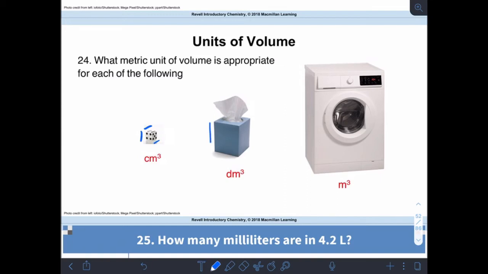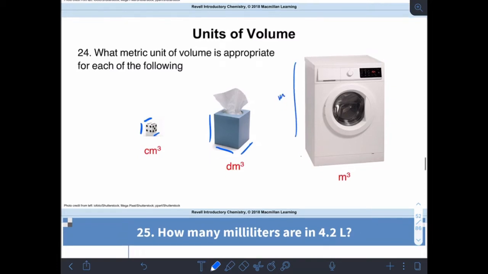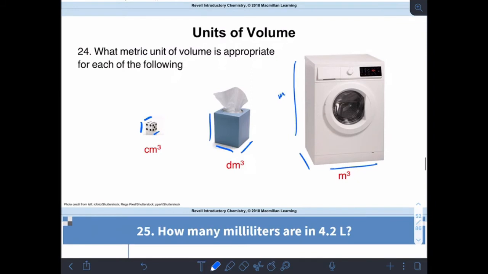So I will measure decimeters, and decimeters. Okay? And then something that is again 10 times larger, our washing machine or dryer, whatever this happens to be, I'm going to go meters and meters and meters.